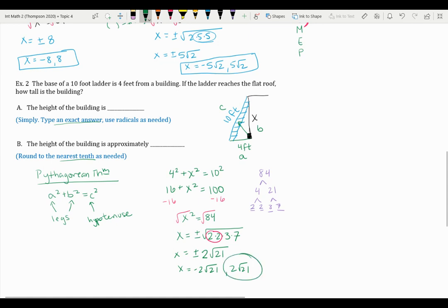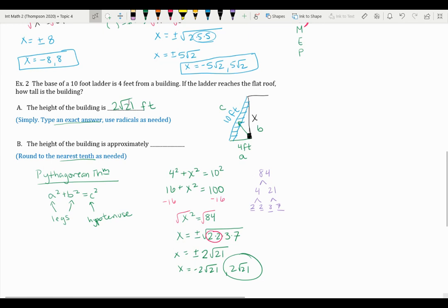So the exact answer is going to be 2 radical 21, and then my units will be feet. That's exact. It says use radicals as needed. I haven't rounded anything. B asks for the height of the building approximately, round to the nearest tenth as needed.